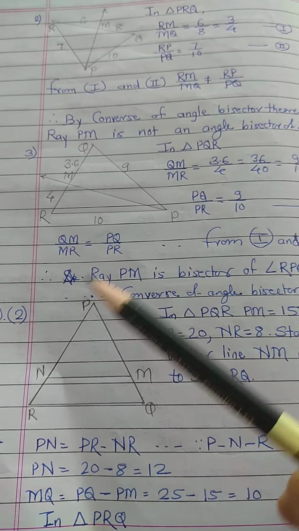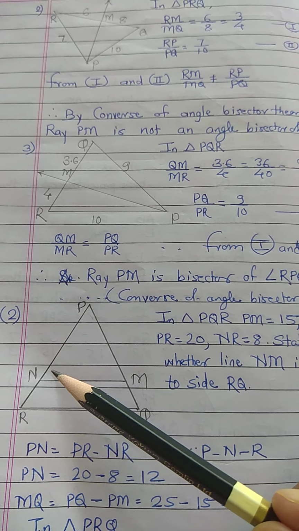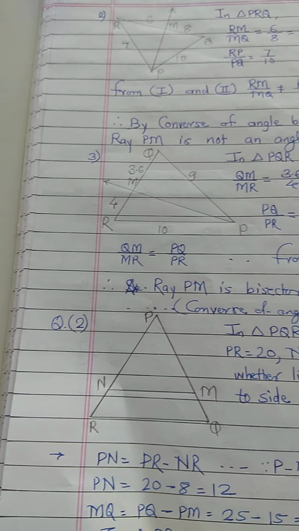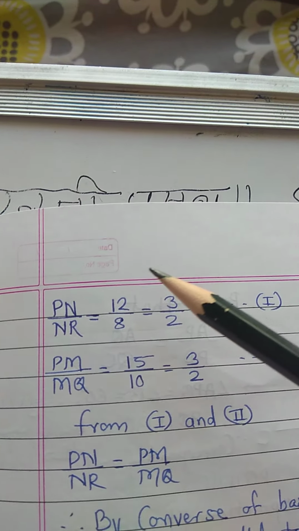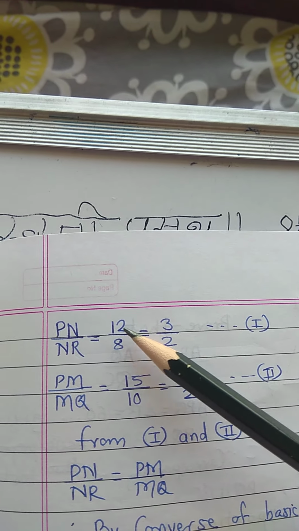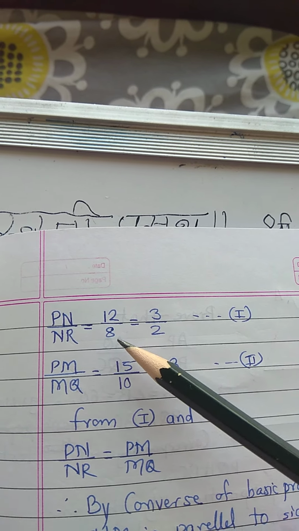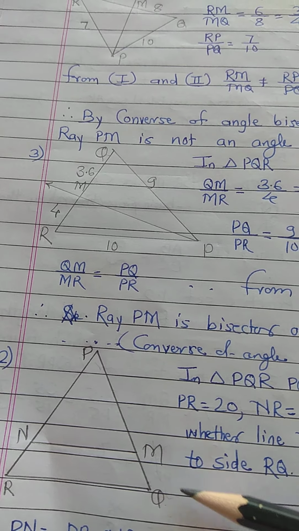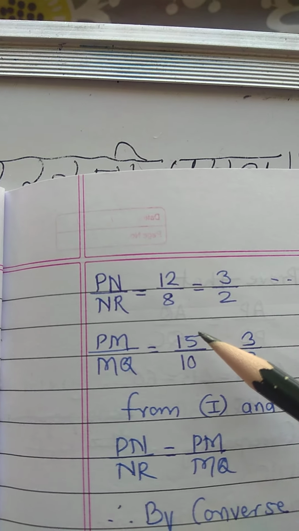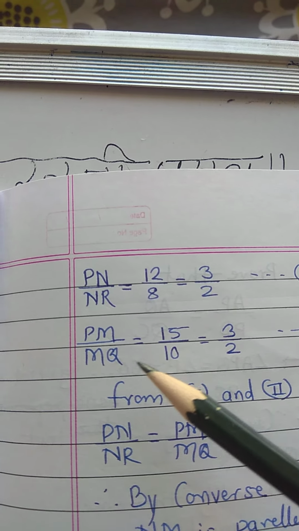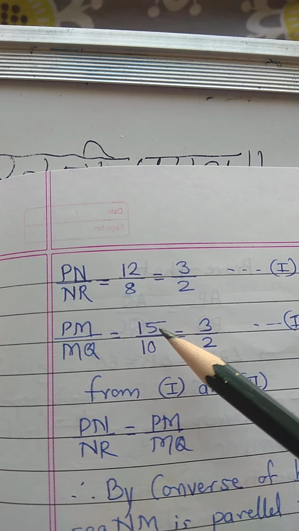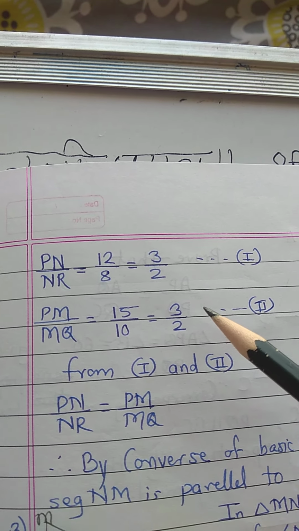Now in triangle PRQ we will check this ratio PN upon NR. PN upon NR is 12 upon 8. 4 3s are 12, 4 2s are 8. And this PM upon MQ, putting the value of PM as 15 and MQ as 10: 5 3s are 15, 5 2s are 10.